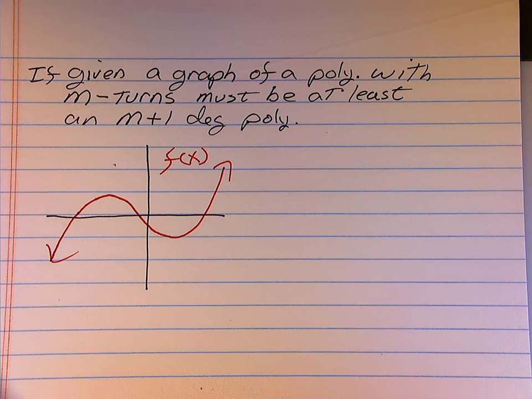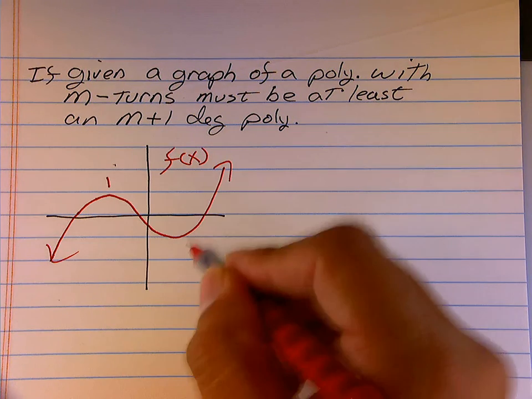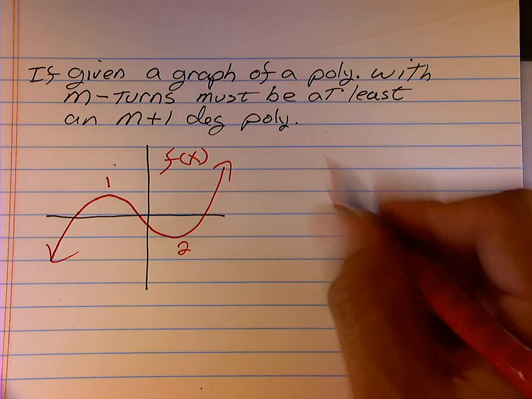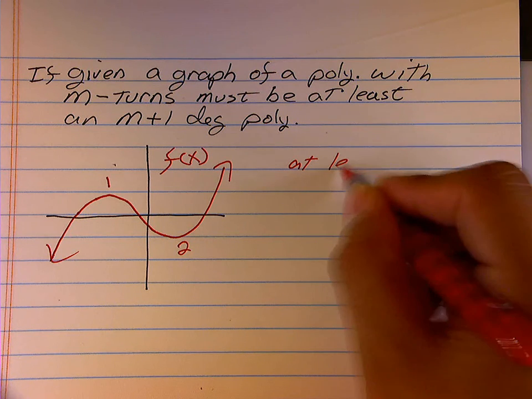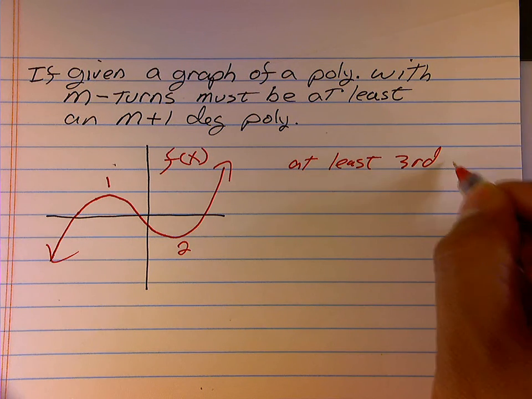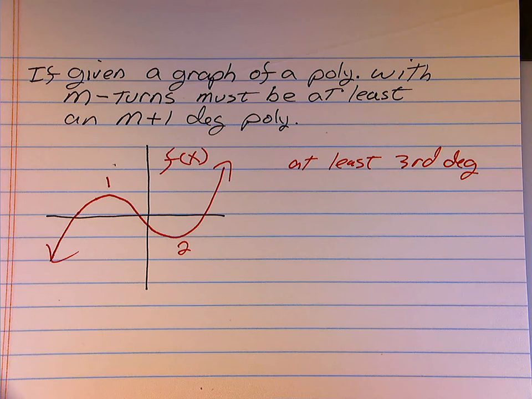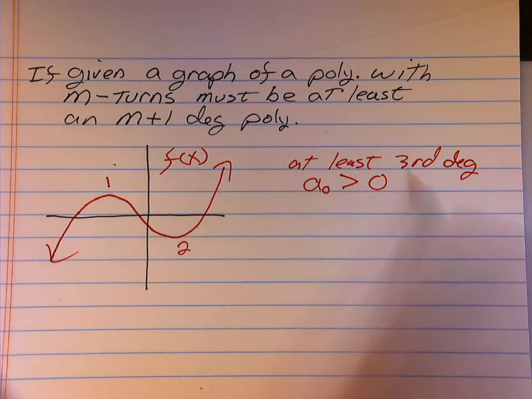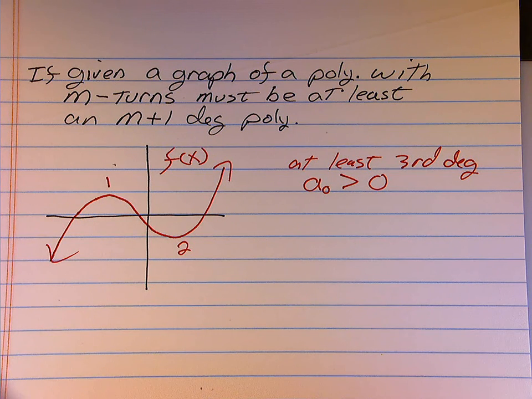Given that the graph is a polynomial function, and this graph has 2 turns, then this graph is at least a third degree polynomial function. Also, since it's a third degree polynomial function and my end behavior is increasing from left to right, I could also determine that my lead coefficient must be a positive number.